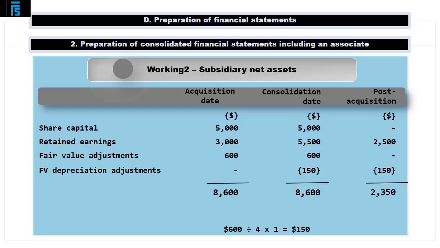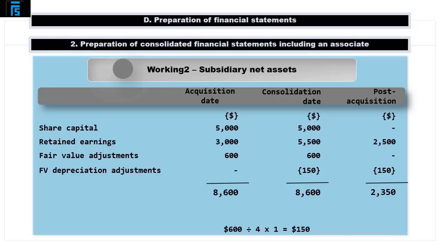The first for share capital, the second for retained earnings, the third for fair value adjustments relating to S's assets, and the fourth for fair value depreciation adjustments. So, in the first column we will have 5,000 in respect of share capital, 3,000 for retained earnings, an additional €600 to bring S's net assets total to their acquisition date fair value, and nothing in respect of fair value depreciation adjustments.